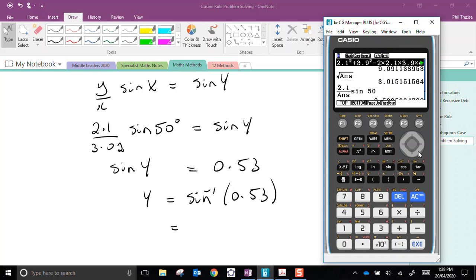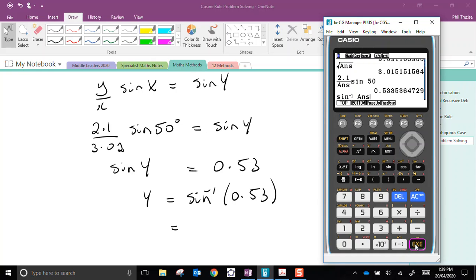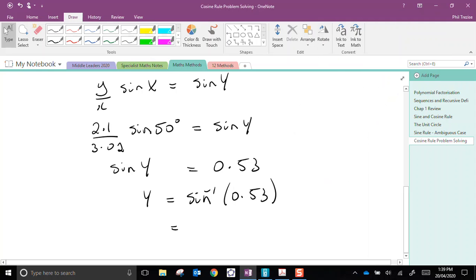Sorry, I hit the wrong button then. Let me get all the way back to where I was. I want the inverse sine. That seems about right because the sine of 30 is 0.5, so that's just a bit more. That's 32. I might just go to the nearest whole degree this time, 32 degrees for angle y.